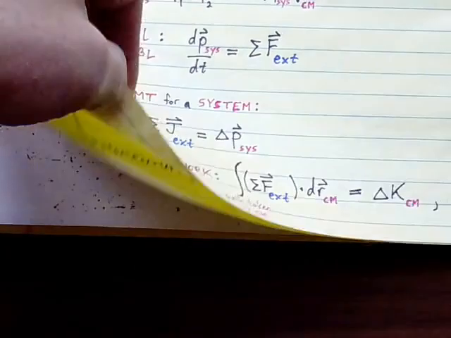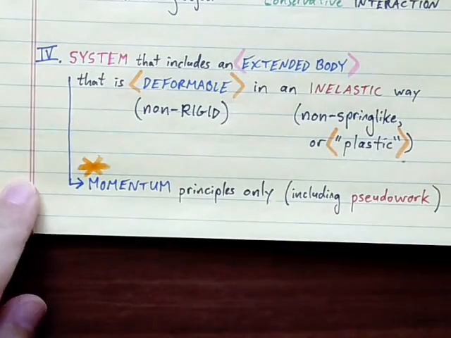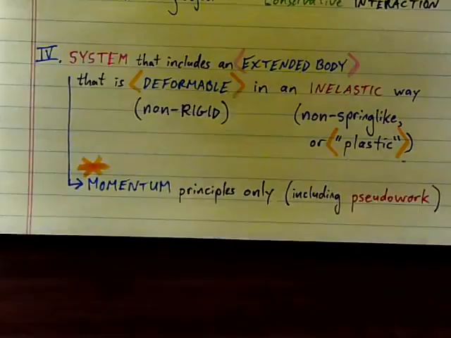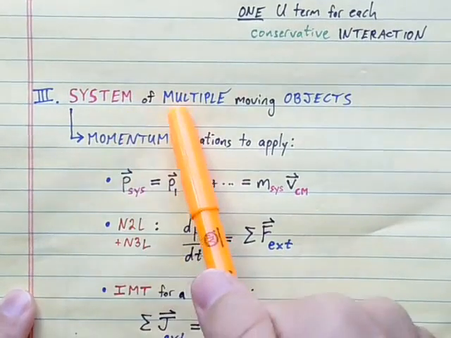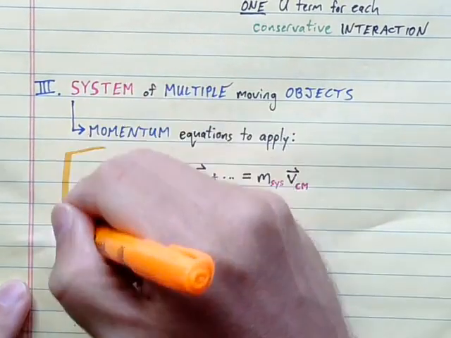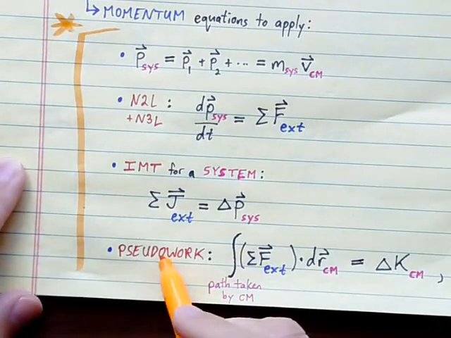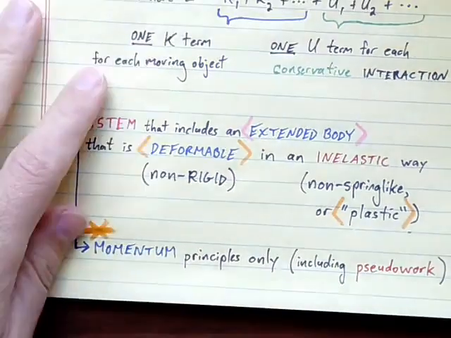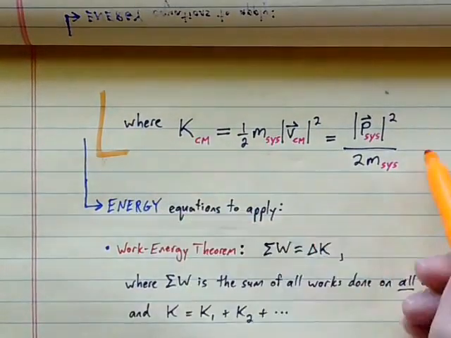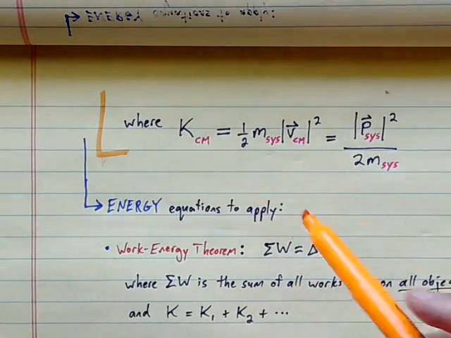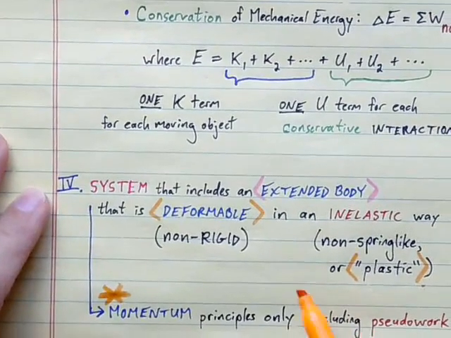So what momentum principles can we use? What are the momentum principles that we can use for an extended, deformable, inelastic body? It's the complete set of momentum principles we were able to apply to a system of multiple moving objects. So all of these, all of those, including pseudo work, up to and including this definition of the kinetic energy of the center of mass, or the center of mass kinetic energy, all of that can be applied to your deformable object.